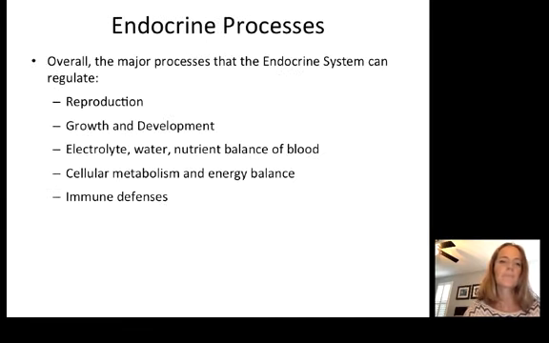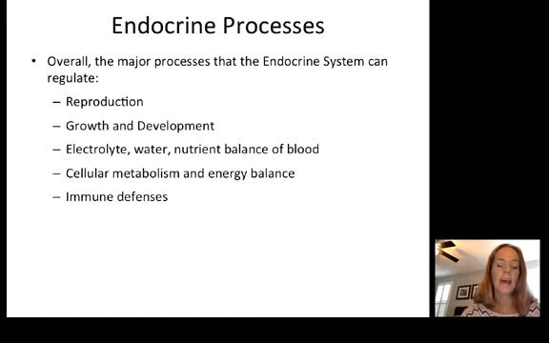So overall, there is a lot that the endocrine system can regulate, and it all comes back to the basic homeostatic systems in the body. It can regulate reproduction, growth and development, and electrolyte, water, and nutrient balance in the blood.